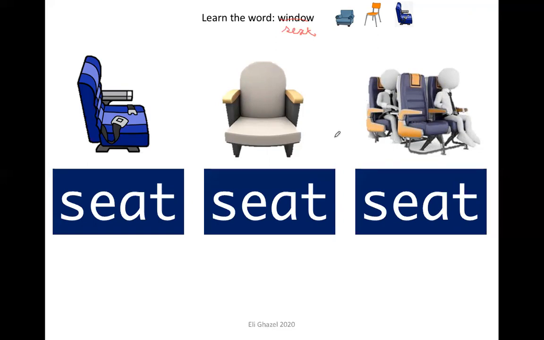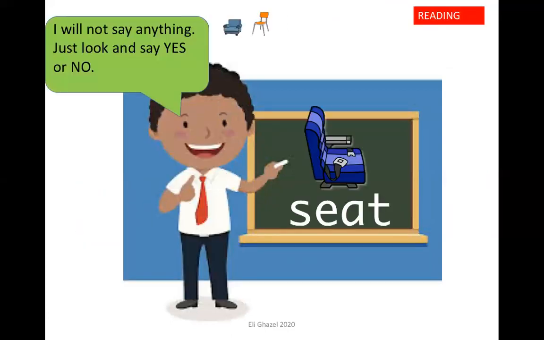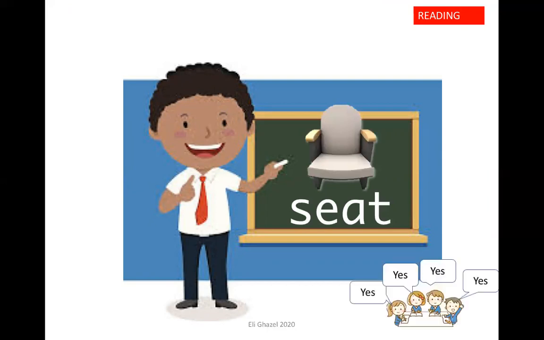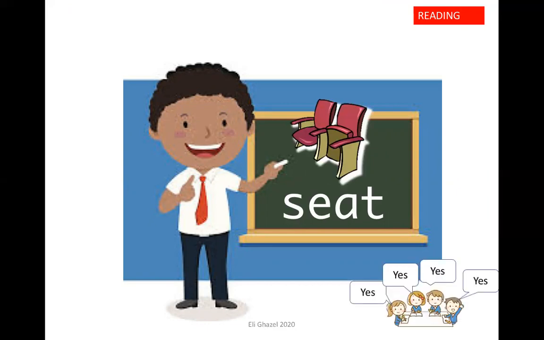After you help them see the shape of the word, you do the same thing. You put the word, the picture, signal, and they say yes. You put the word, you signal, you put the picture, you signal, they say yes.